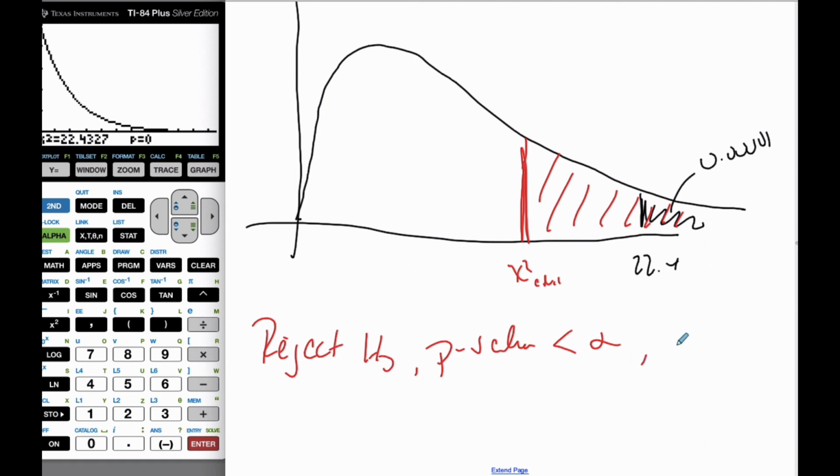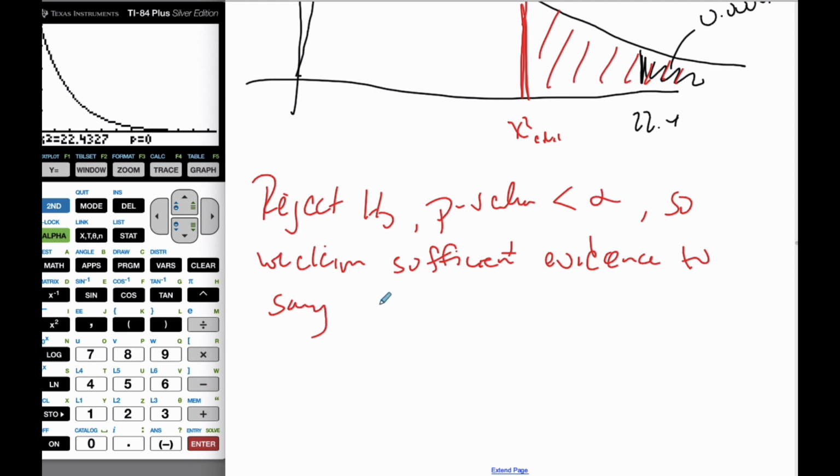And then, so we claim sufficient evidence to say amount of litter and litterers are dependent.